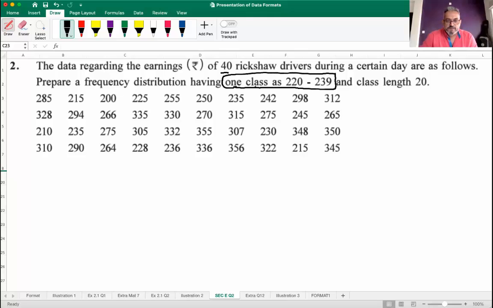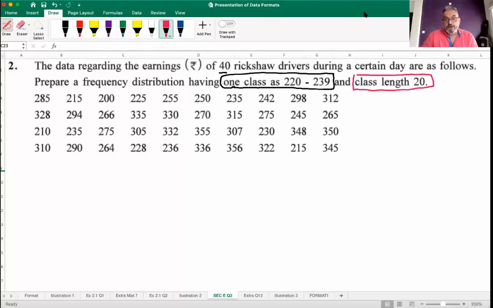So mark this. And class length should be 20. So the class length is also given, that it should be 20. Now, my question to you all is, when one of the classes is 220 to 239 and class length is 20, what type of frequency distribution are we looking at?